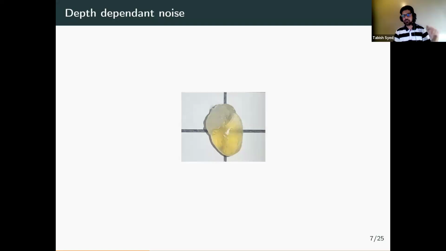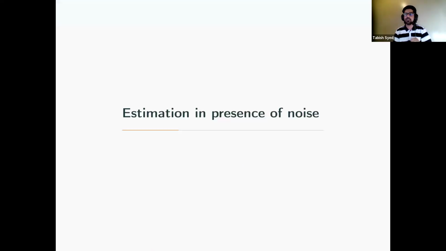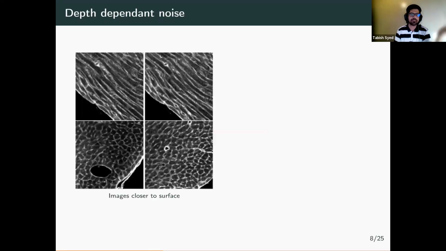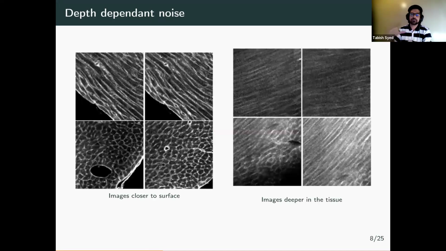So what happens is when you image this, you get really nice images up top, but not so good images deep inside the tissue. This is the classical noise problem that you have in various scenarios in medical imaging. It's slightly different here because you have a block of tissue with clean images towards the top and really noisy images towards the bottom.